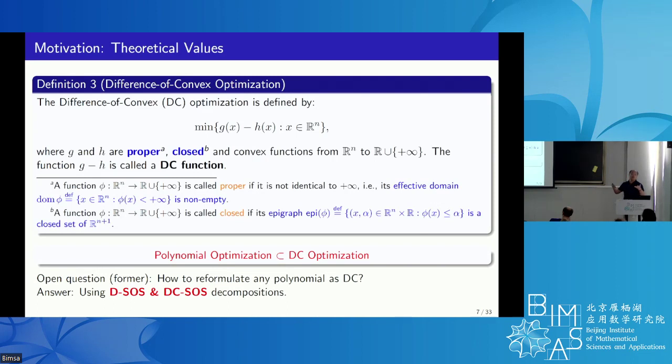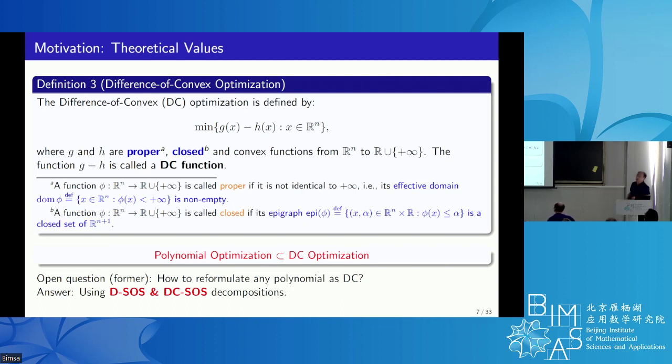So it covers the field of differentiable polynomials. Here it can even cover a much larger set of problems, and you can show that in theory any polynomial optimization is DC optimization, because any C2 function is a DC function.